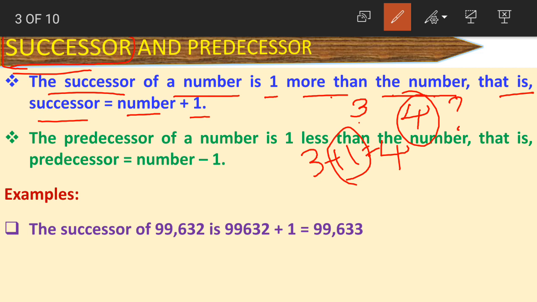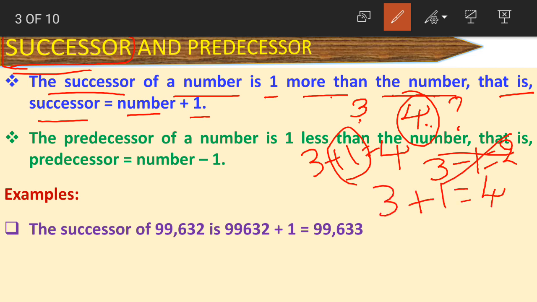You can do it like this. 4 comes after 3. Now how did we get 4? If we subtract 1 from 3, we will get 2. So this is the wrong way. If we add 1 to 3, then we get 4. So for getting the successor, we should add 1.